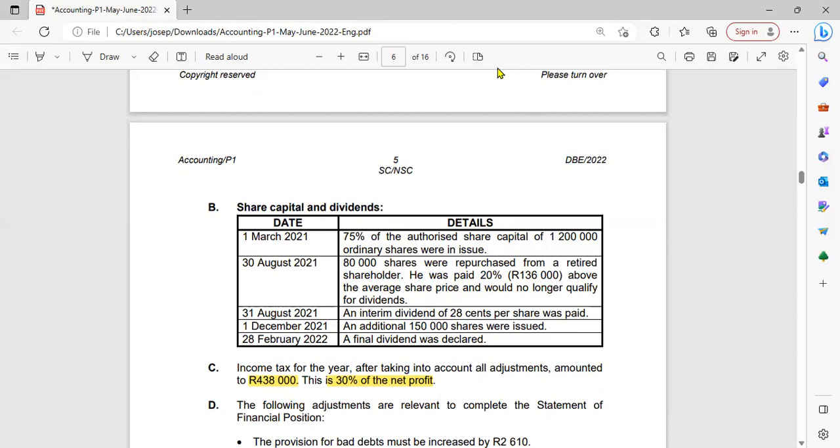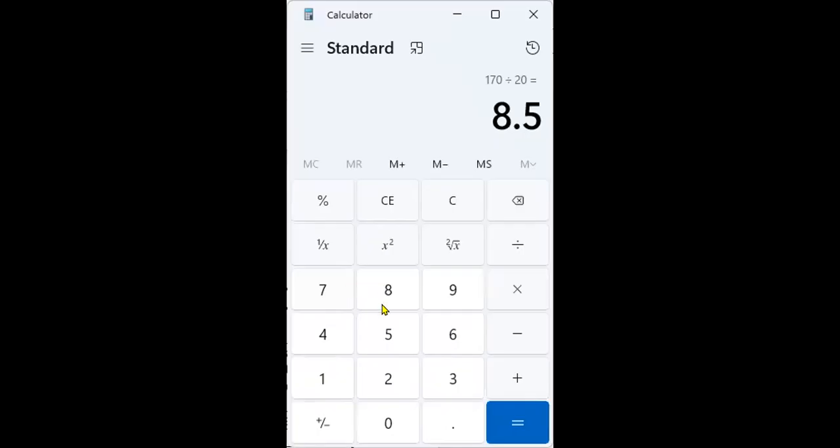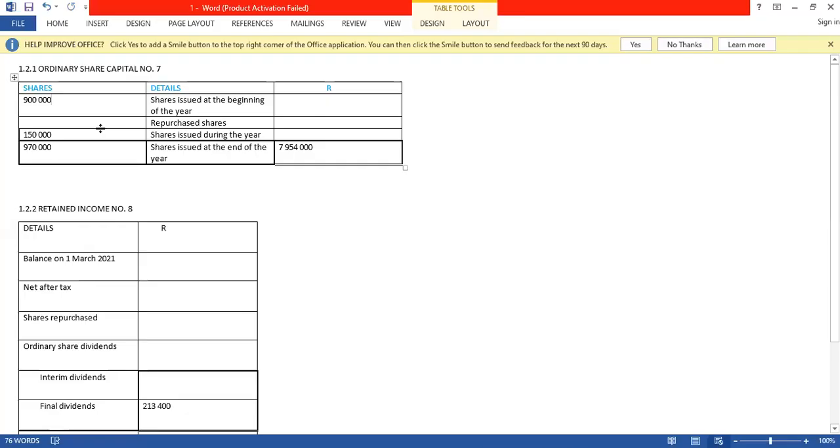So let me calculate how much will be the average cost. We are going to say 850 cents multiplied by 80,000, and that gives us 680,000, meaning 680,000 is the cost of the shares that were repurchased, at the average share price.